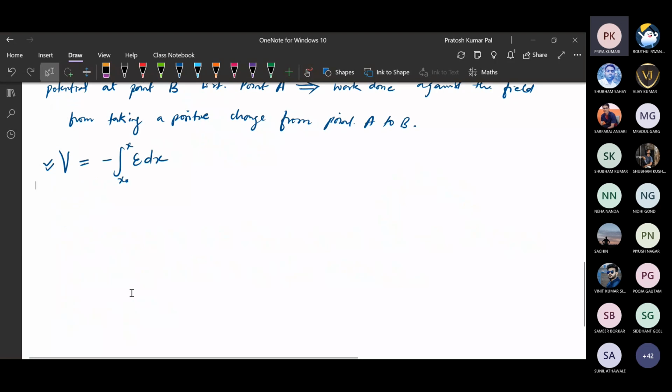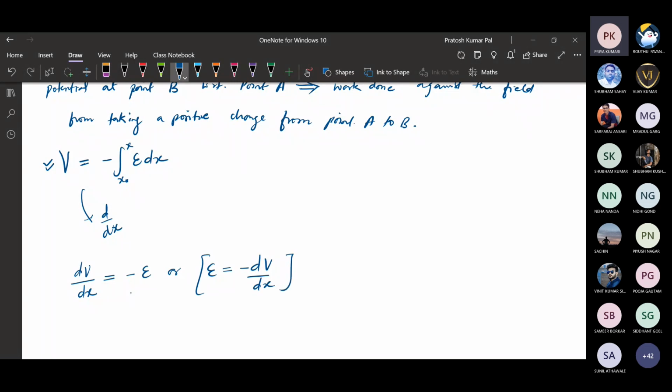And by differentiating this equation, we will get dV divided by dx equals minus E, or we can say the electric field is equal to minus dV by dx.